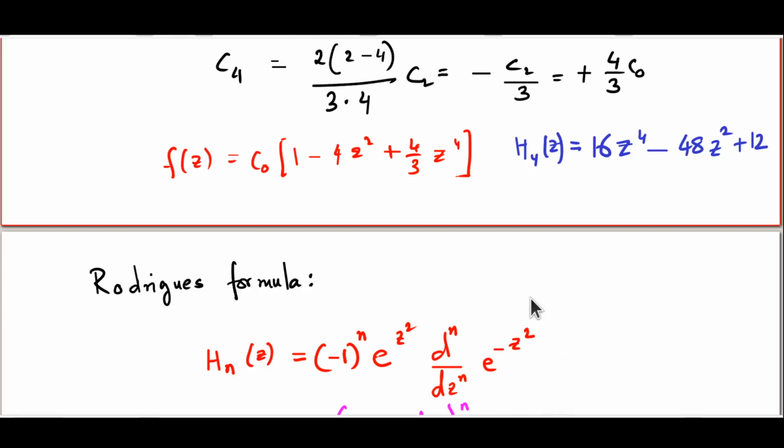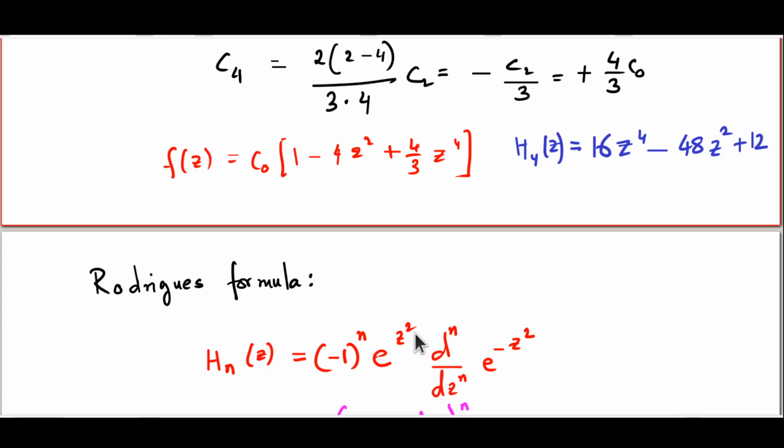In fact, if you differentiate this n times, it's easy to see that you are going to end up with an nth order polynomial times e to the minus z², simply because every differentiation brings down an extra factor of -2z. So when you are multiplying that result by e to the z², you cancel out the e to the minus z² and you end up with a polynomial.